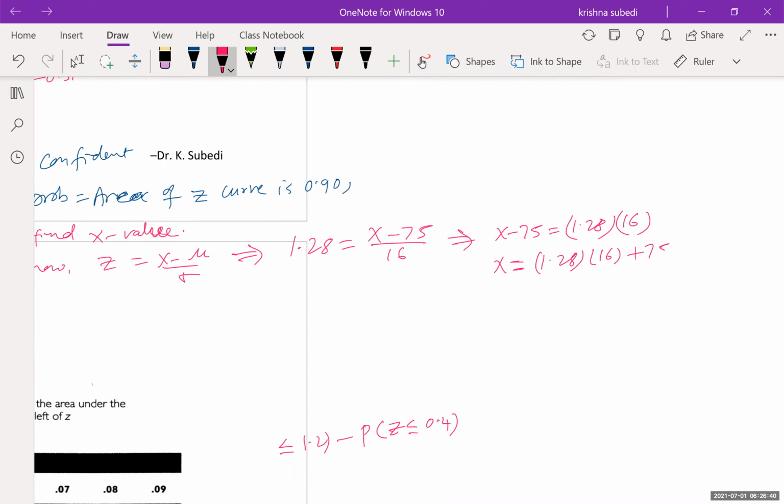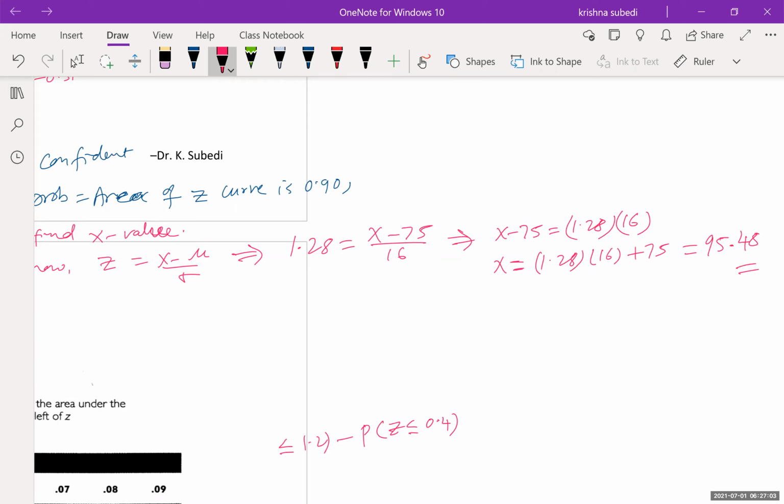Can you tell me how much that is? Okay, my calculator gives me 95.48, but I want to verify that answer with you guys.